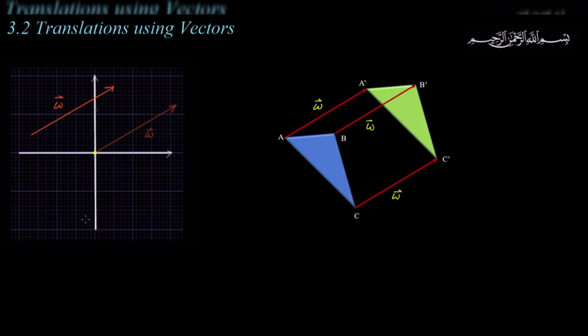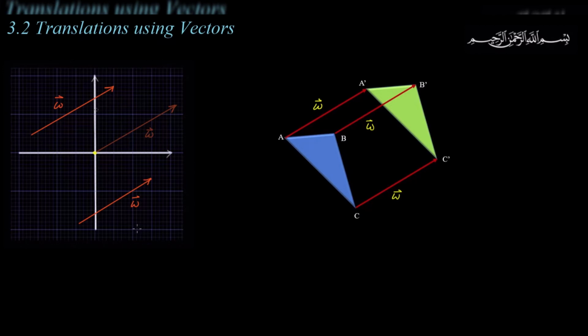In other words, vectors are free to move. These are not two separate vectors. These are the same vector, assuming I've drawn them accurately, with the same length and in the same direction. So here's again vector w, which is the same vector but moved to a different area of the Cartesian plane.